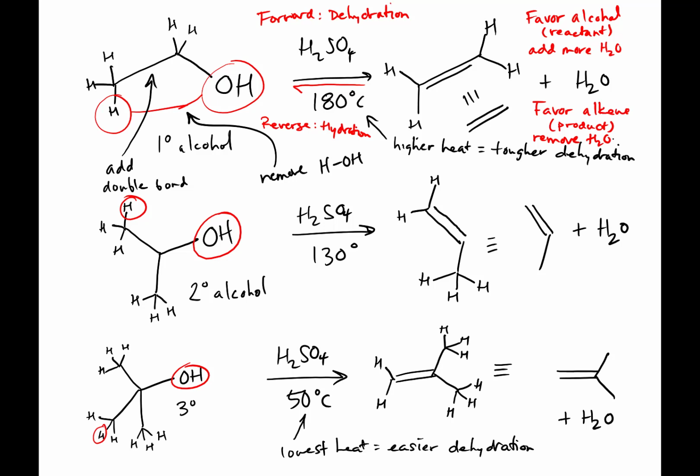One of the ways you could remove water is by heating up the reaction mixture and distilling it off. I could remove water, and again, I'm favoring the forward reaction, or shifting the equilibrium towards product, favoring the dehydration or the formation of the alkene in this case.